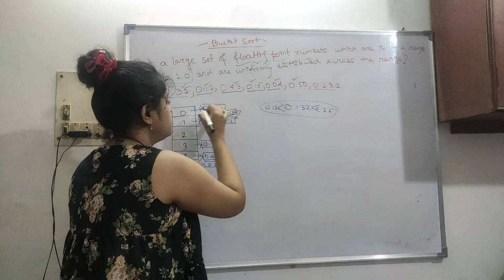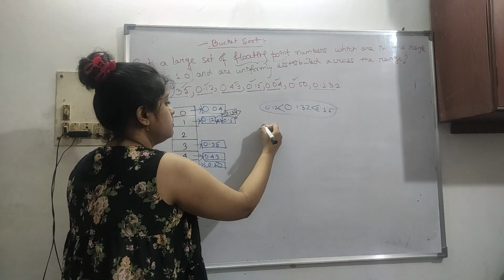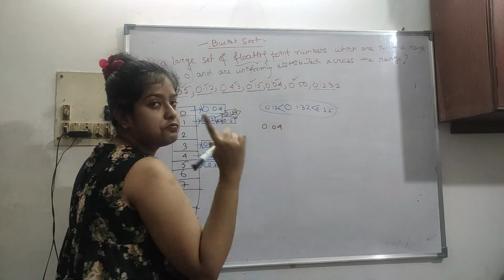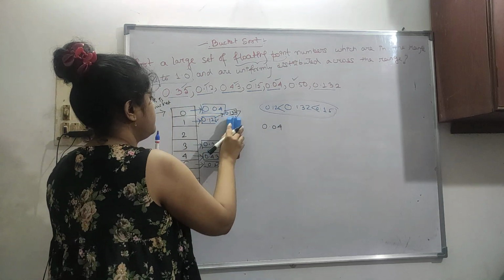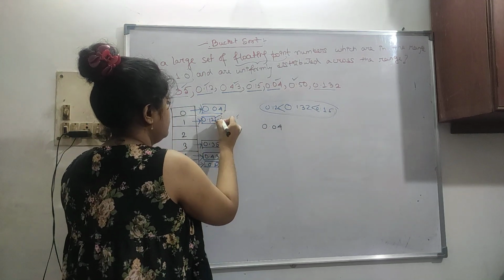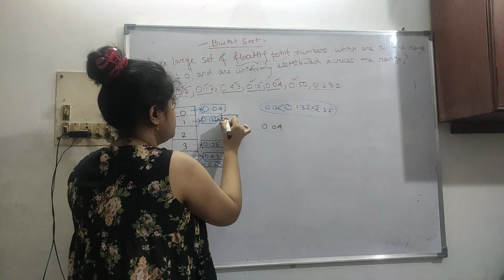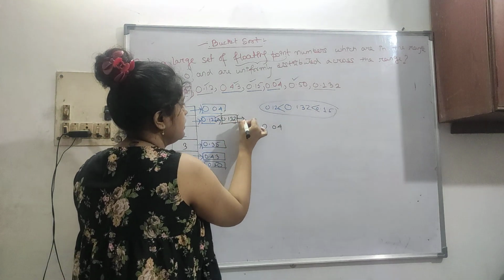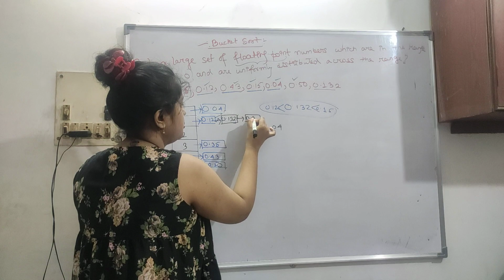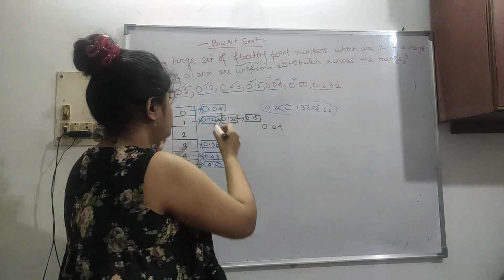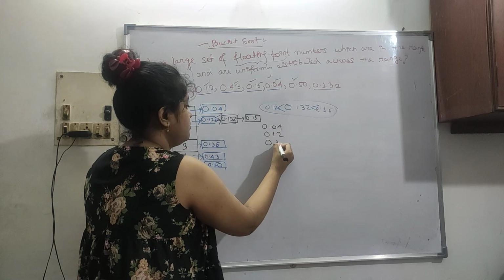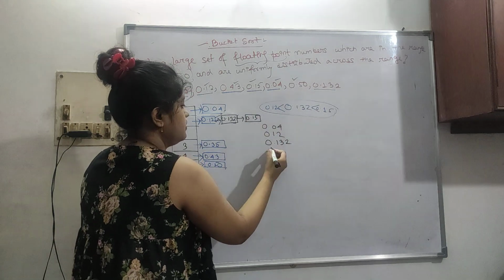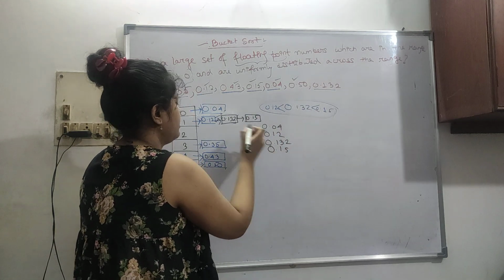So how? First we will go to bucket 0. You will see 0.04 first. Second, 0.1, then 0.132, then 0.15, like this.